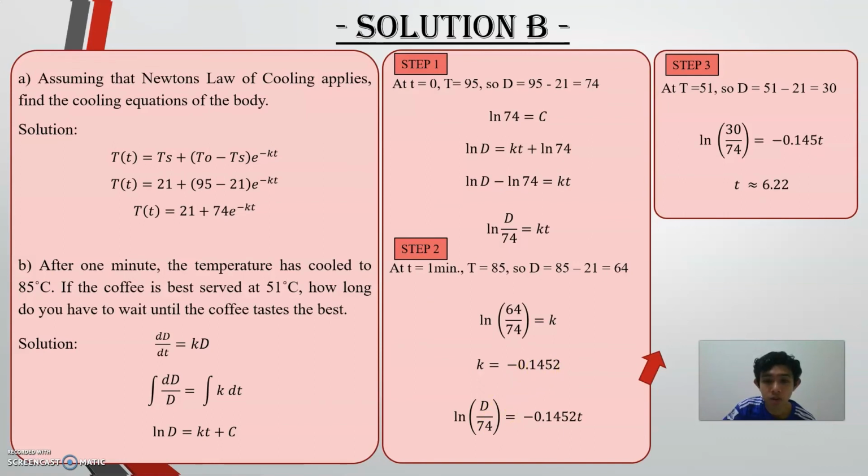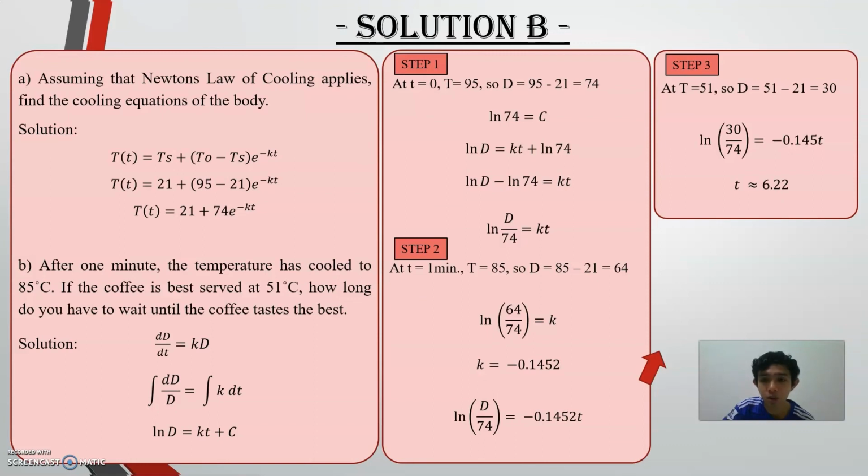After that we have to find k. To find k, just insert t = 1 and D = 64, so we get k equal to negative 0.1452. But in this question, we have to find how long we have to wait for the coffee to taste best, which is when it is 51 Celsius.